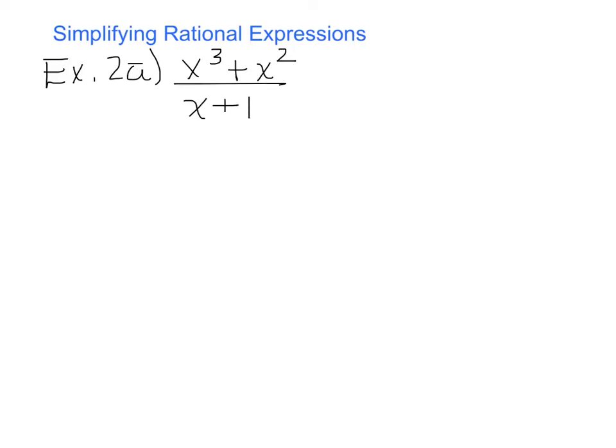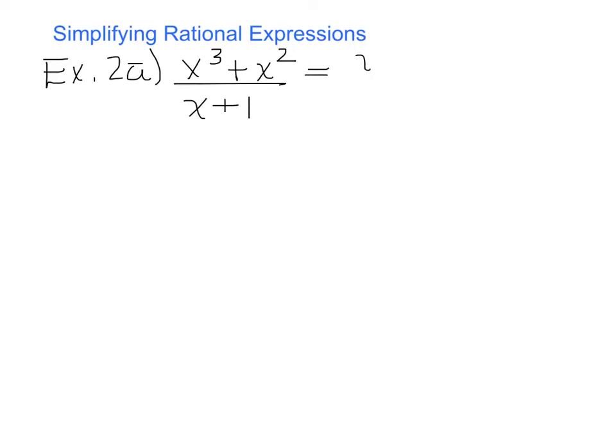Okay, we are going to simplify rational expressions, meaning that you're going to factor the numerator and denominator completely and divide by any common factors. So you always factor first, and we say factor and cancel. That's the rule. So I'm going to start with x cubed plus x squared over x plus 1.